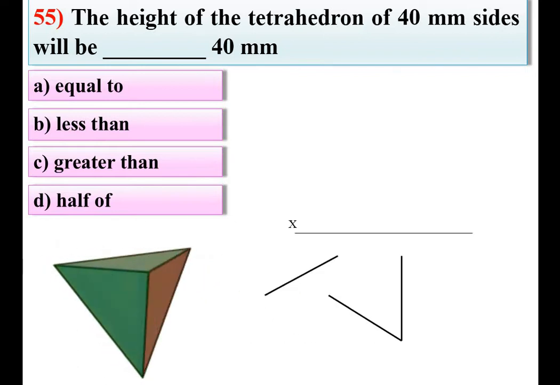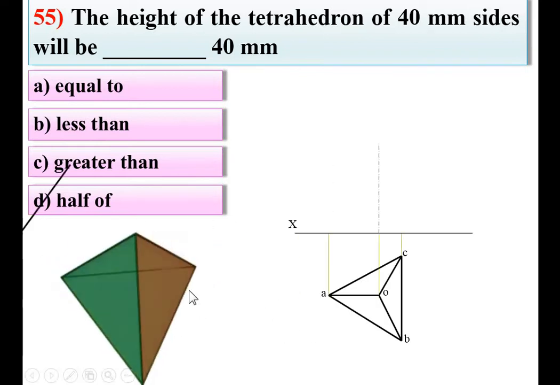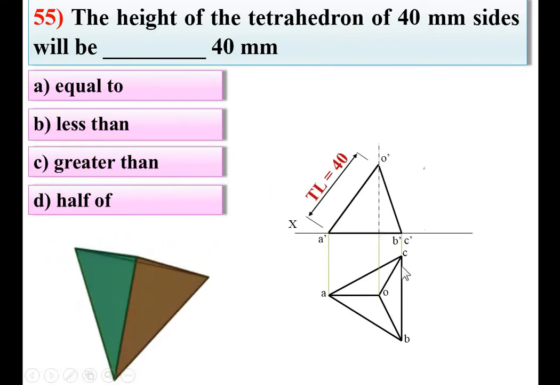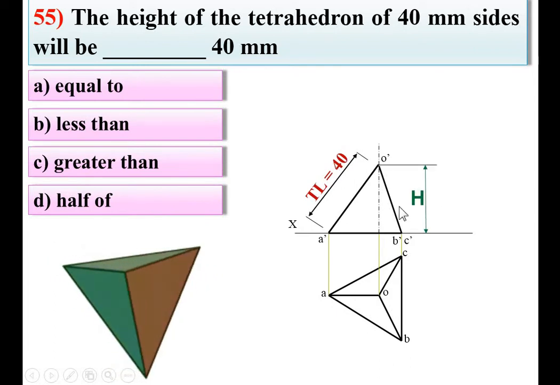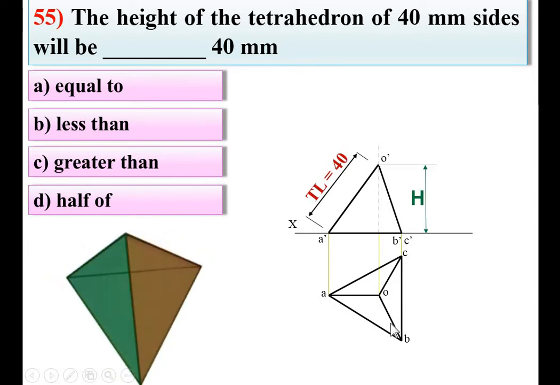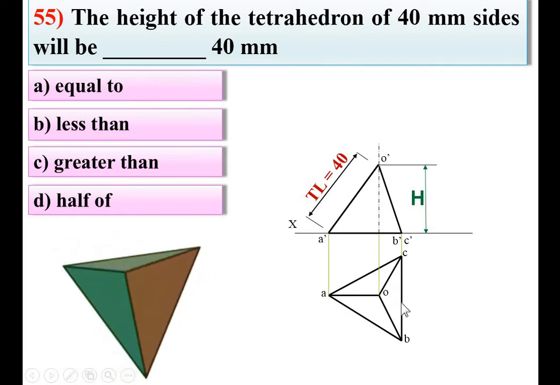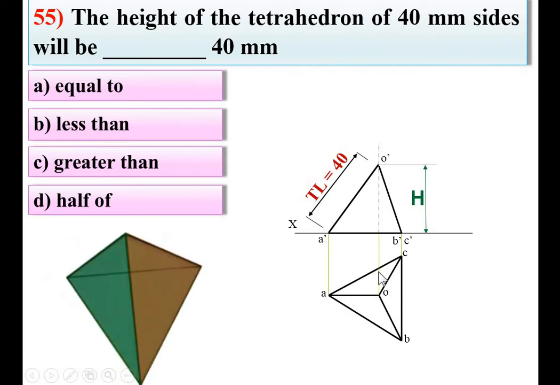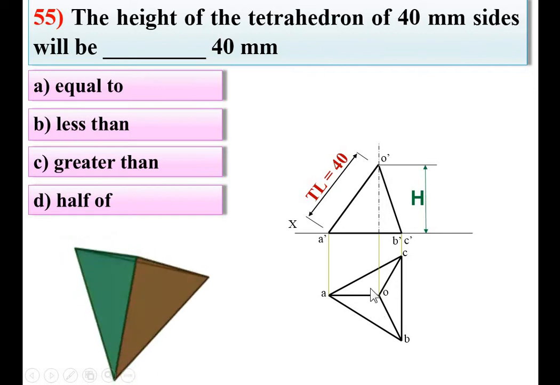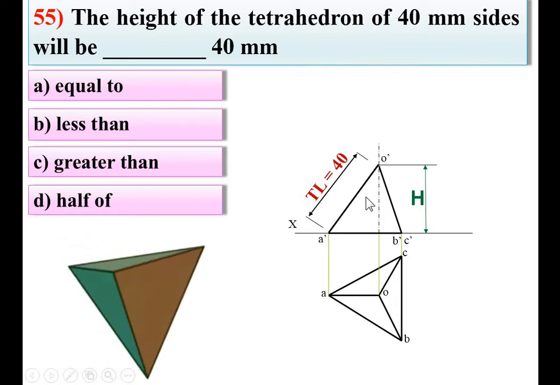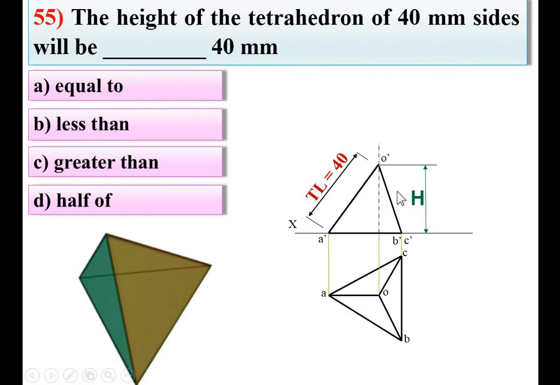Now if I consider its top view and front view, then it is like that. Here I have assumed that the tetrahedron is resting on HP on one of its triangular face. Then the top view is like that and front view is like that. That you can imagine in your mind.